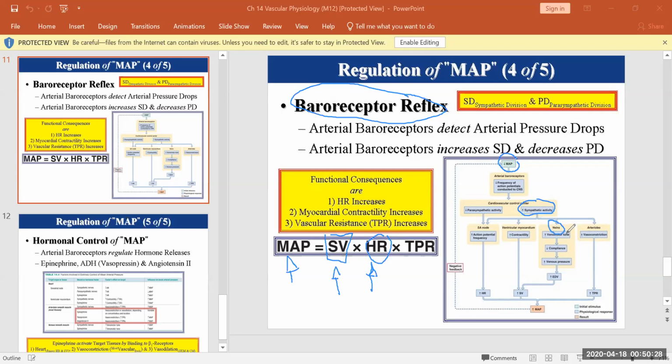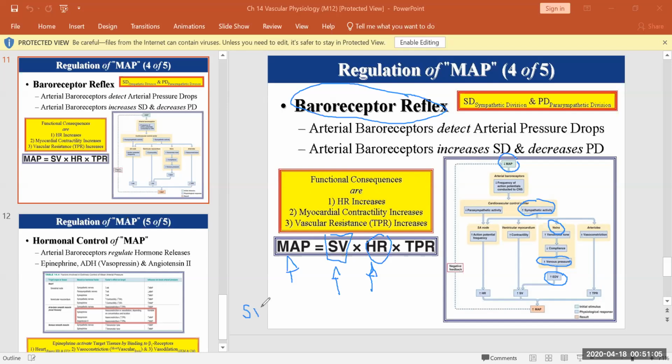So if it increases the venomotor tone here, meaning the walls of the large veins can constrict, decreasing the compliance, meaning increasing pressure, so increasing the venous pressure here, meaning increasing the venous return, the amount of blood that goes back to the heart. So if you increase the amount of blood going back to the heart, then you increase the EDV, end diastolic volume, right? That equation you have to rewrite here.